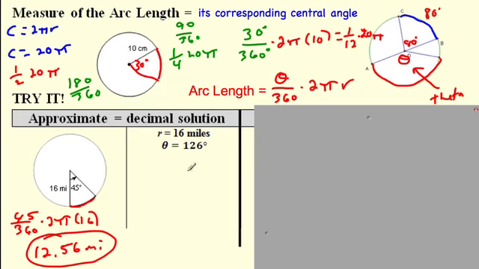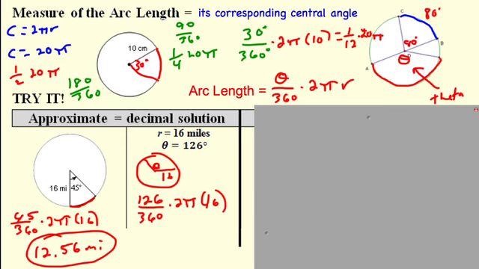Excellent. So what if I don't draw a picture? You could draw your own picture and say, okay, I know 126 degrees, 90 is up, so it's a little bit more. There's my picture, radius 16. It's the same thing. You take 126 out of 360, that's how much this angle theta is, times 2 pi r, the circumference. We're just breaking down our circumference, or our perimeter.